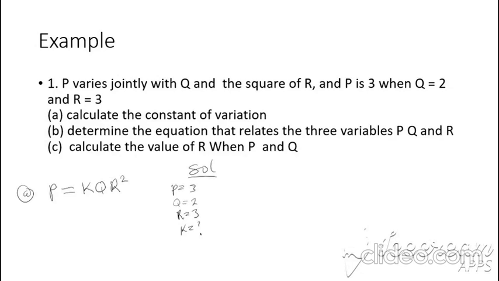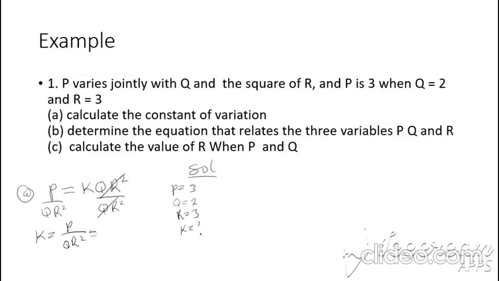We don't know K, so we can make K the subject of the formula by dividing both sides by Q R squared. You can cancel this, cancel that. Therefore, K is equal to P over Q R squared.